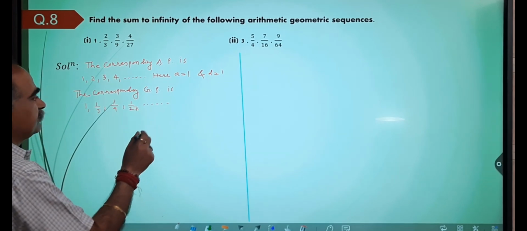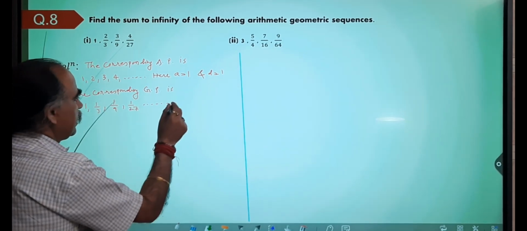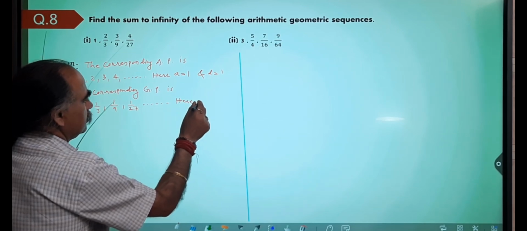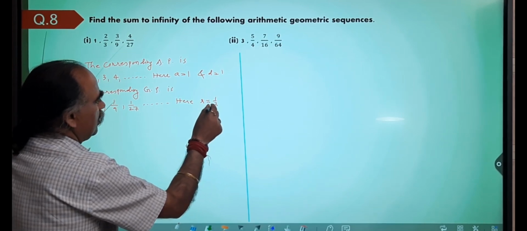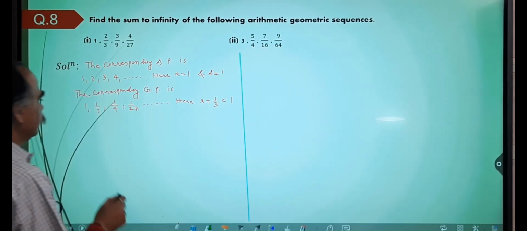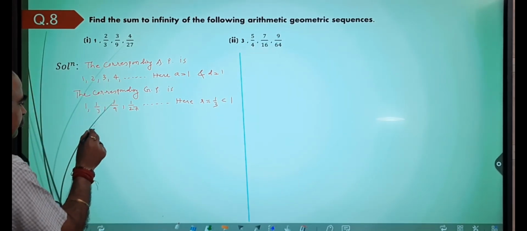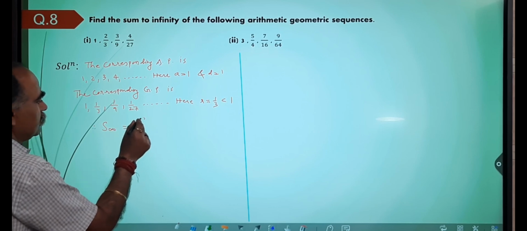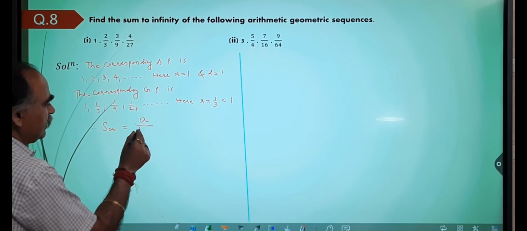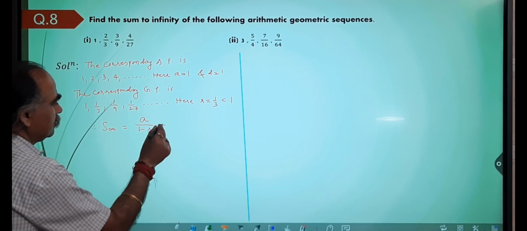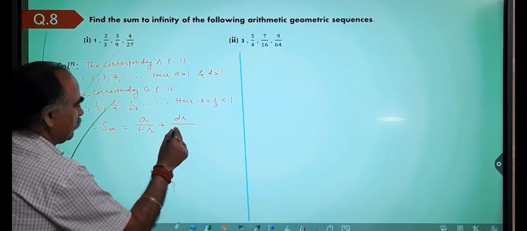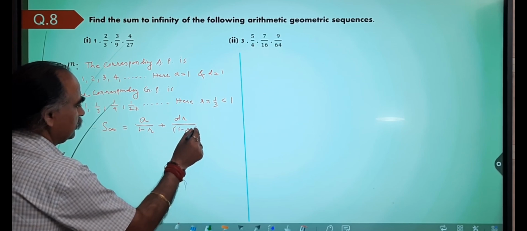Here R is 1 by 3, less than 1. So S infinity formula was A upon 1 minus R plus dr upon 1 minus R square.